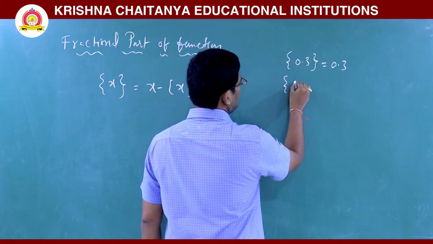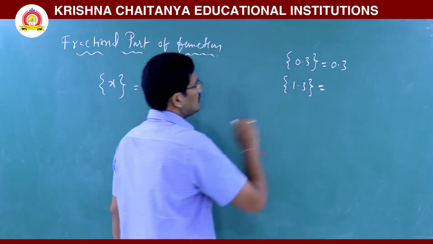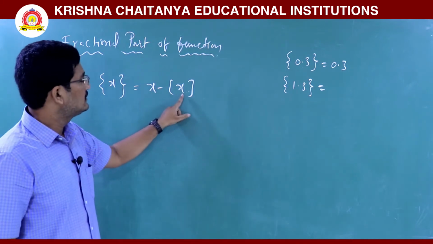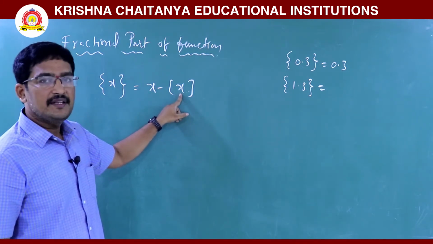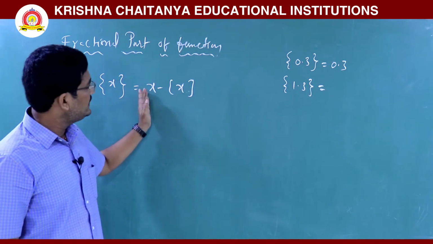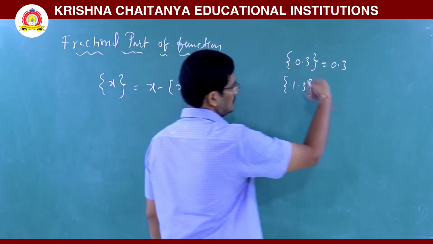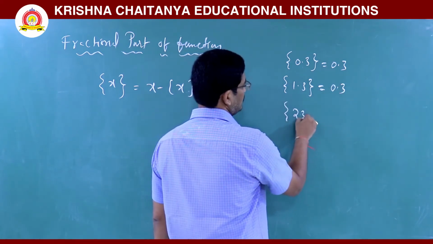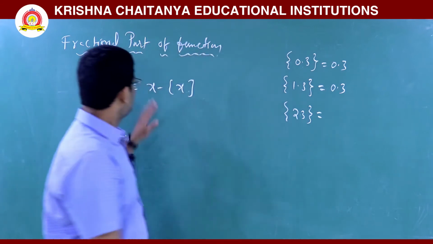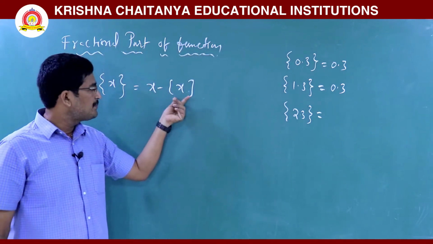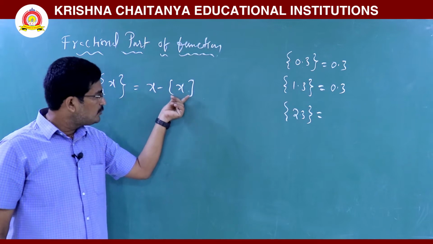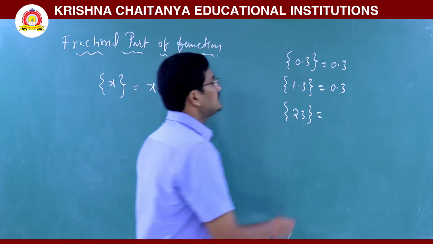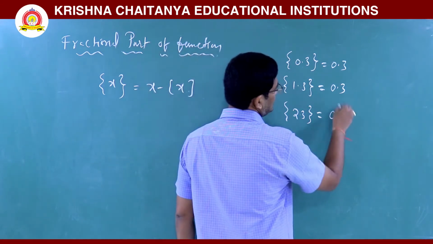The fractional part of 1.3: 1.3 minus step of 1.3, which is 1. 1.3 minus 1 is 0.3. In this way, the fractional part of 2.3: 2.3 minus step of 2.3. Step of 2.3 is 2, so 2.3 minus 2 is 0.3.